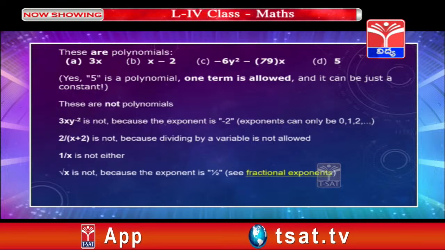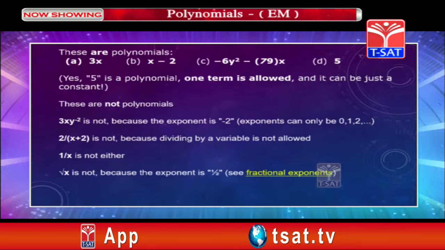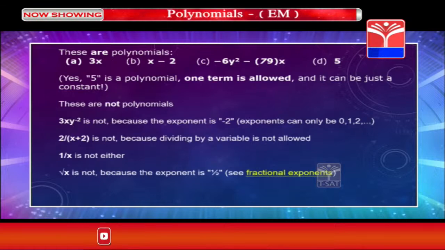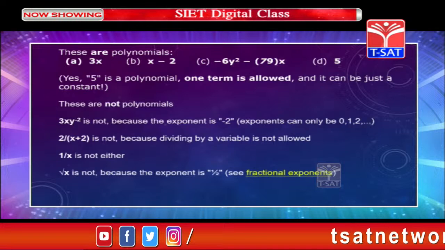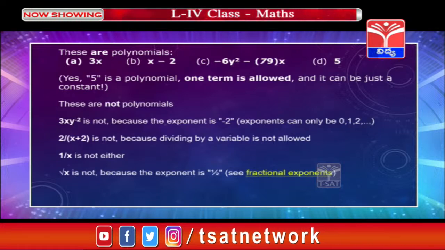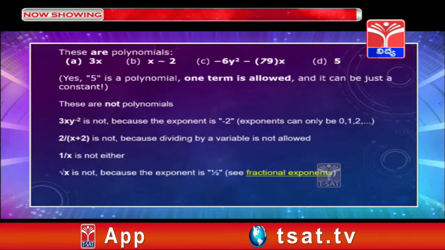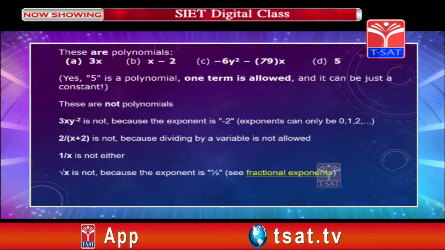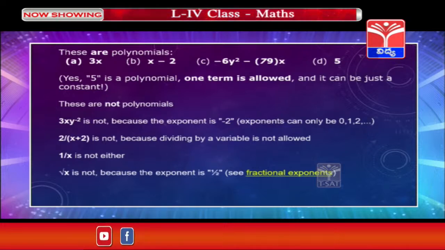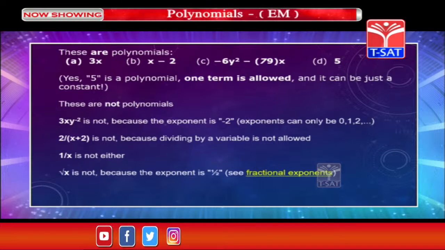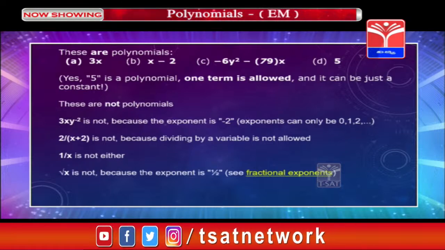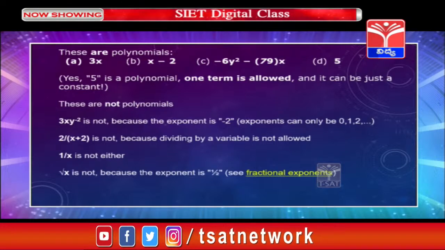From these examples you can understand, the first one, 3x y to the power minus 2, is not a polynomial, it is an algebraic expression. The reason is the exponent is negative. Another one is 2 by x plus 2, it is not a polynomial, the reason is the expression is divided by the variable. Even 1 by x is not a polynomial, the reason is the same.